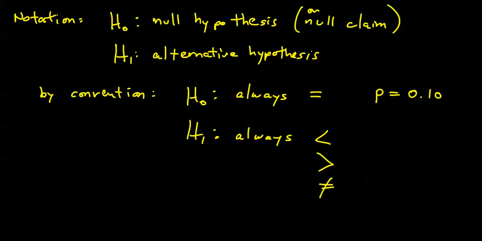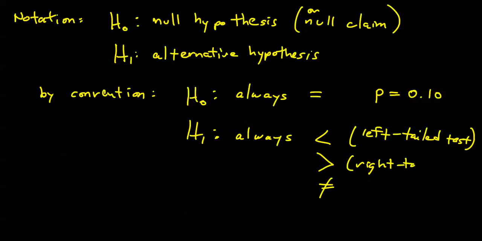Right? In the case of H1 being a less than statement, we will then call it a left-tailed hypothesis test. In case H1 is a greater than statement, we would then call it a right-tailed hypothesis test. And if H1 is a not equal to statement, we call that a two-tailed test.